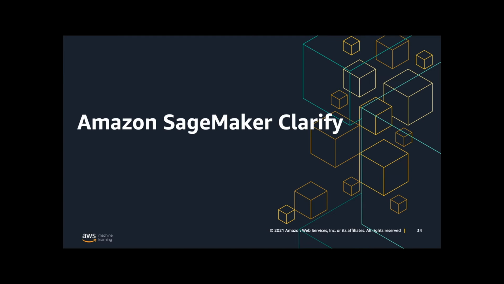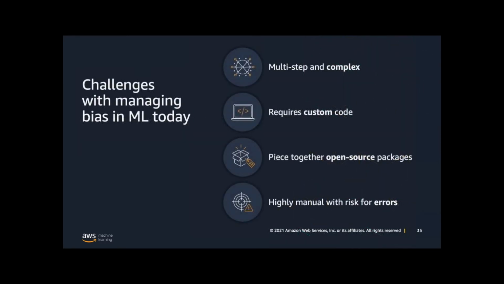So that's where Amazon SageMaker Clarify comes into the picture, because it provides a way to identify this ahead of time. Here are a few challenges with managing bias in machine learning today.